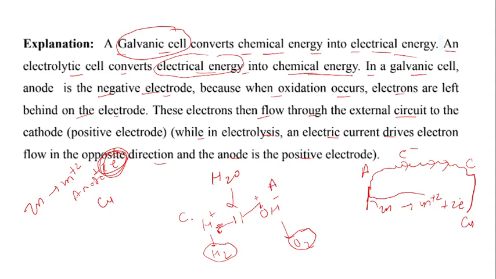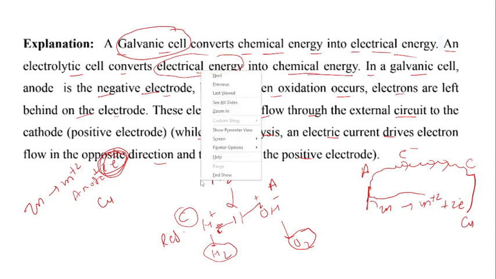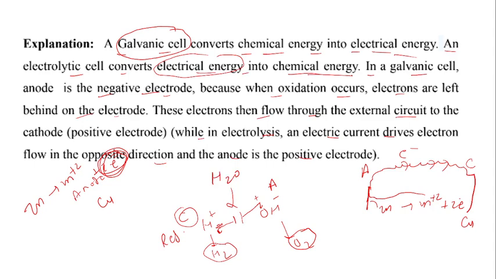It is the cathode. Why is it the cathode? Because reduction is happening here at the cathode. The other one is the anode, the positive electrode, whereas the cathode is the negative electrode. So it is clear, I think, why it is anode and why it is cathode.